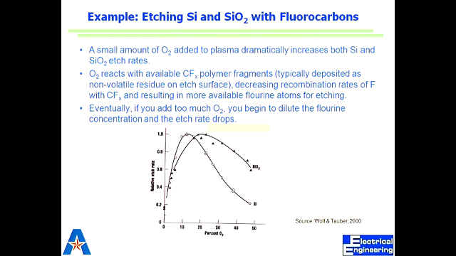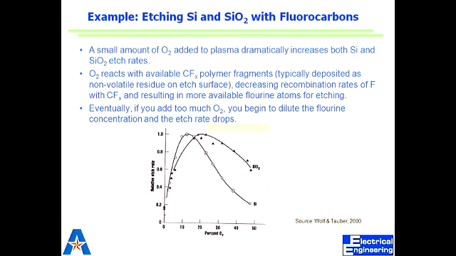I'm explaining in detail because sometimes in the final exam somebody may ask you, it's a very commonly asked question, what is the effect of adding oxygen or adding hydrogen on the etch rate of silicon and silicon dioxide. So the etch rate of silicon as well as silicon dioxide increases by adding oxygen.